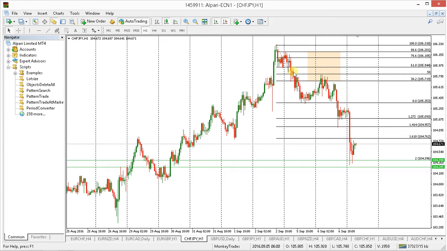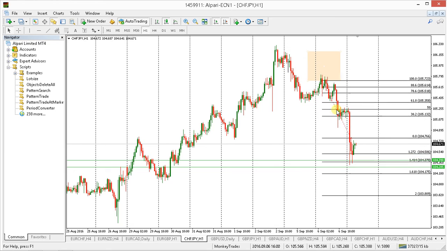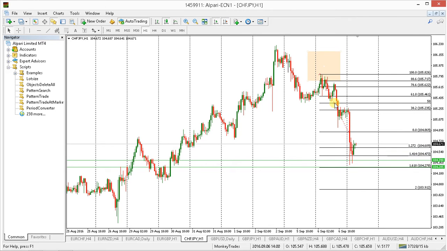Because it is a Bat Pattern 1. And the ABCD pattern should not be 127 times extended, it should be 1618 times extended. In Bat Pattern 2, it is 127 times extended, but in Bat Pattern 1 it is 1618 times extended.